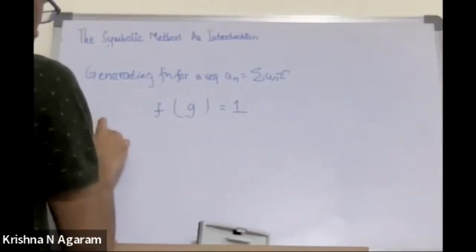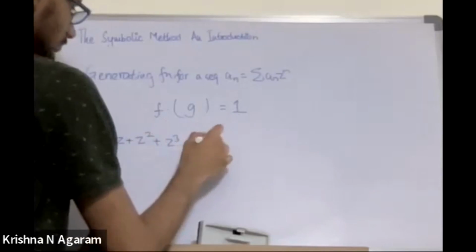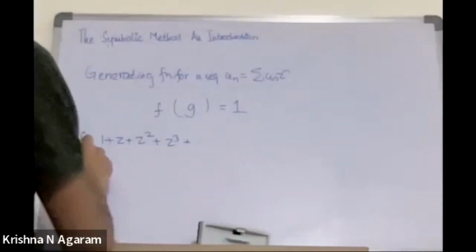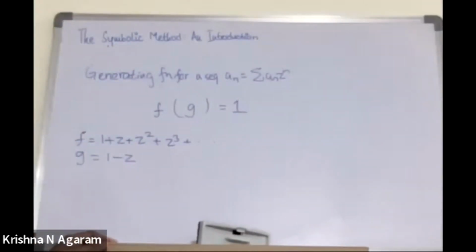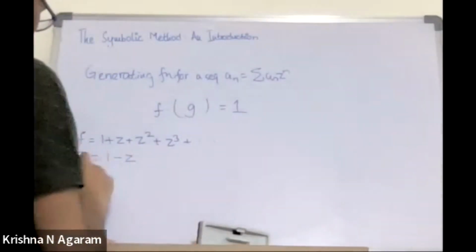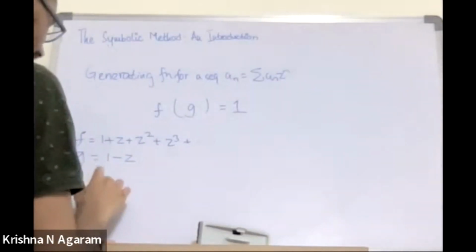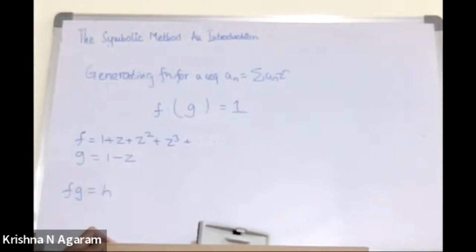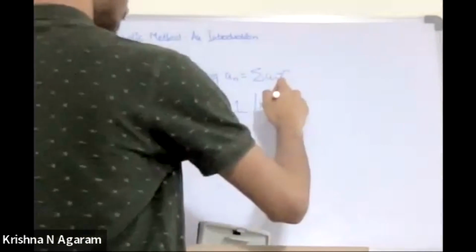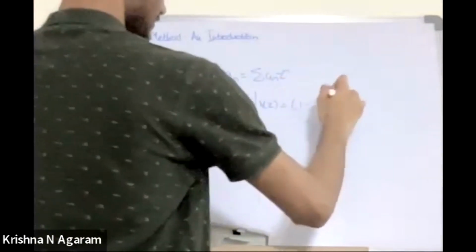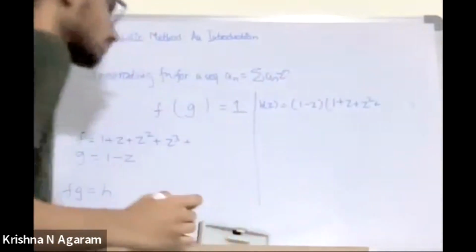If I say F is the sequence that we just saw before, all coefficients 1, and G is 1 minus Z. Let's say FG is equal to H, then H(z) is 1 minus Z times 1 plus Z plus Z square plus so on.